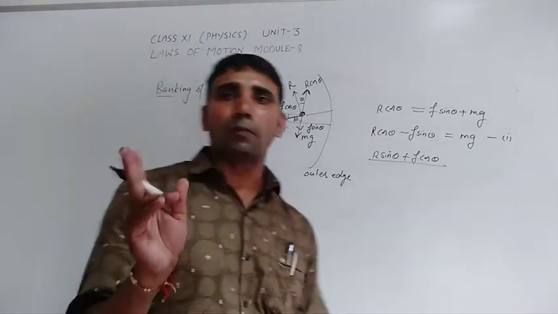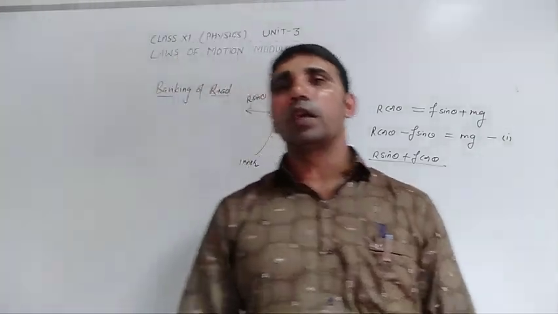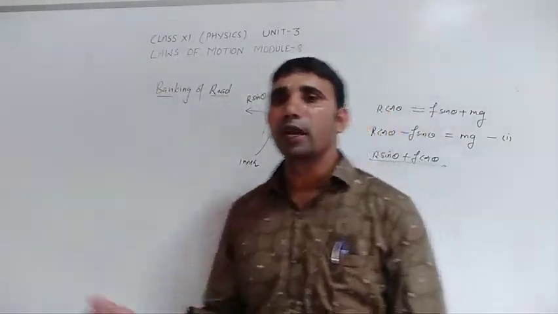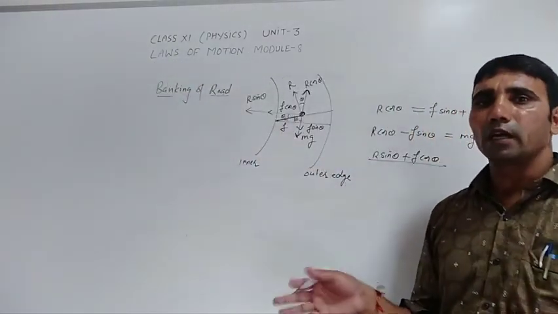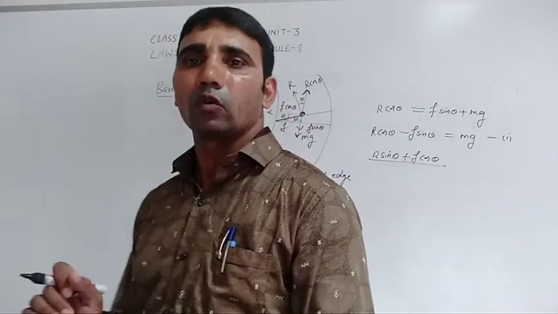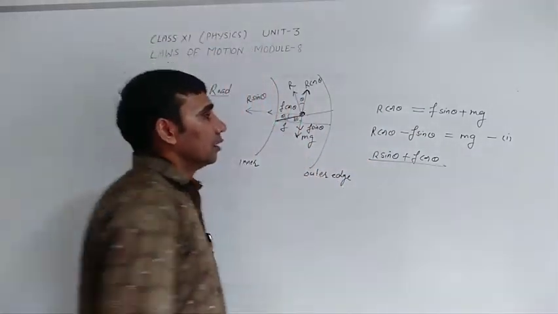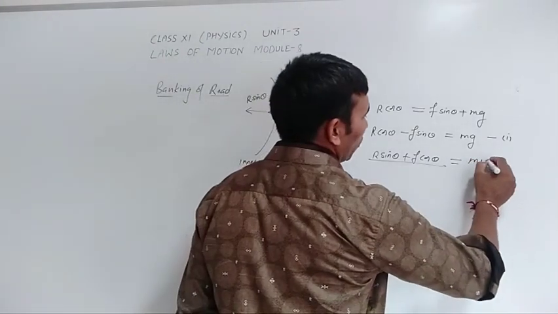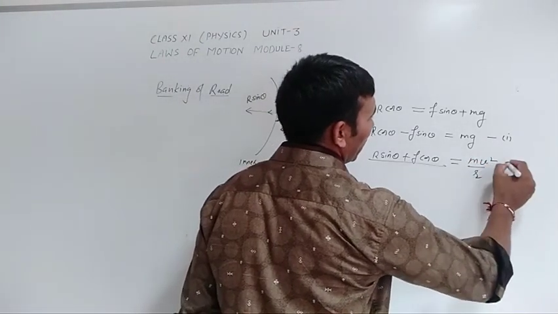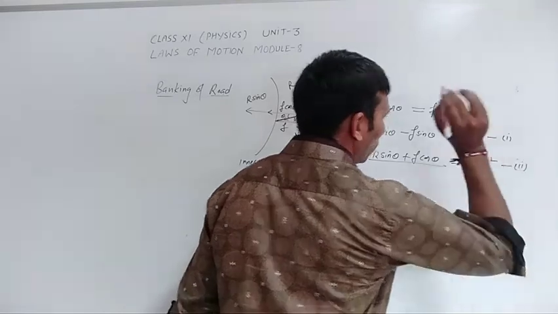These two forces will provide the centripetal force, and this centripetal force helps us maintain the vehicle along the circular track. So these two forces provide centripetal force mv square divided by r. This is equation number 2.